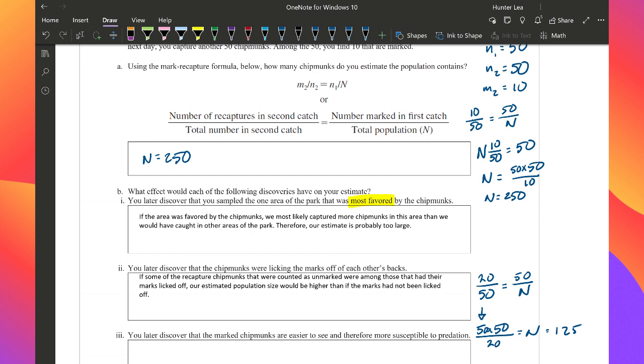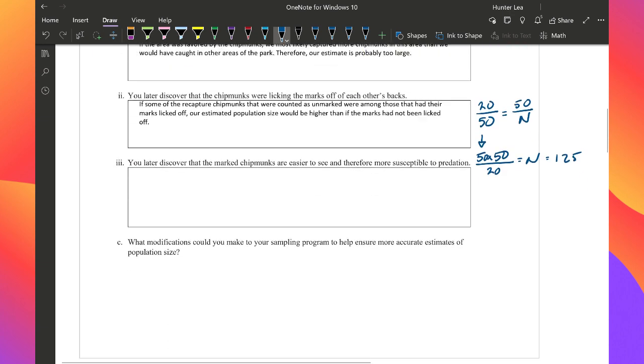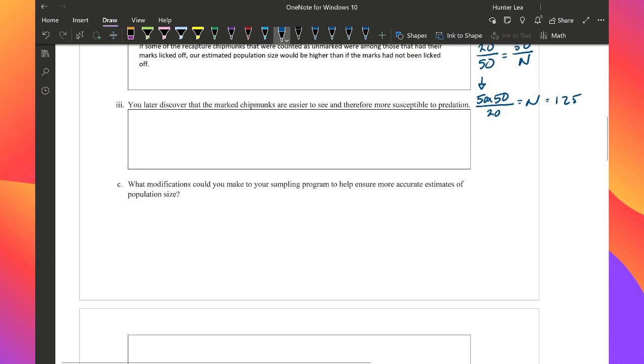All right. Third option. You later discovered that the marked chipmunks are easier to see and therefore more susceptible to predation. So if in the time between when we marked them and when we do our second survey, a bunch of the marked ones got eaten, that's going to give us a smaller number that we can recapture that were previously marked, and that's going to give us a smaller numerator again.